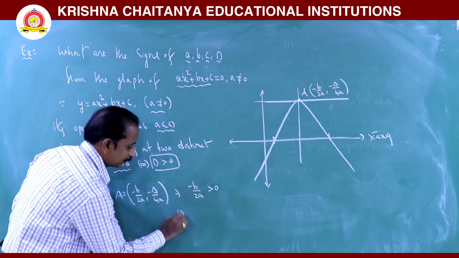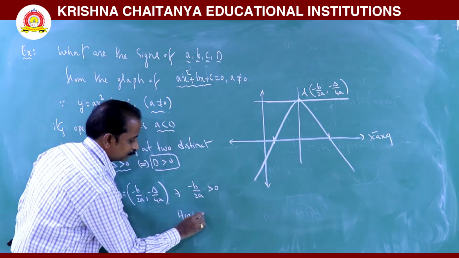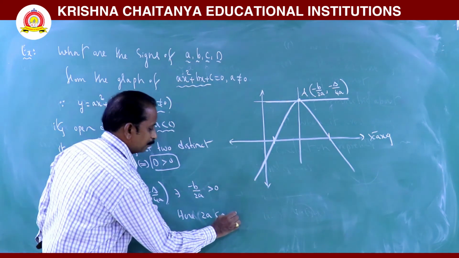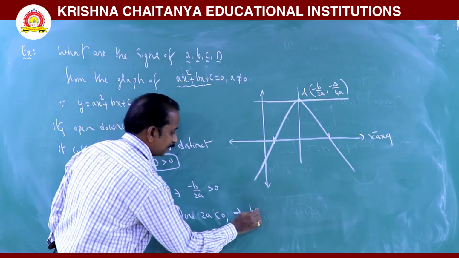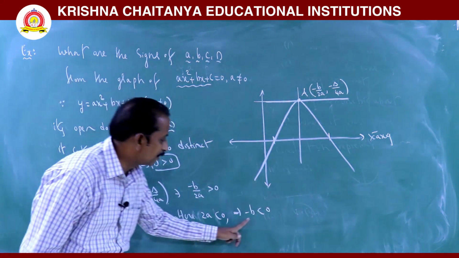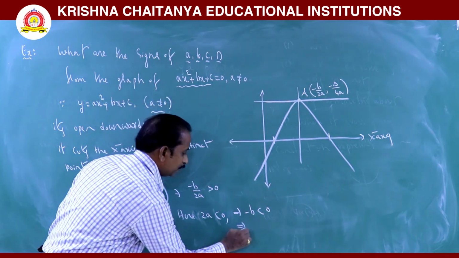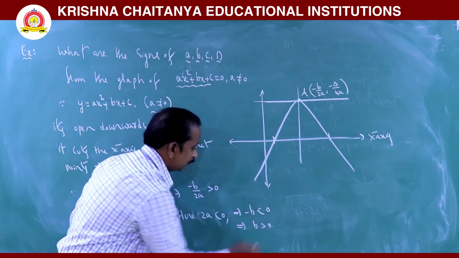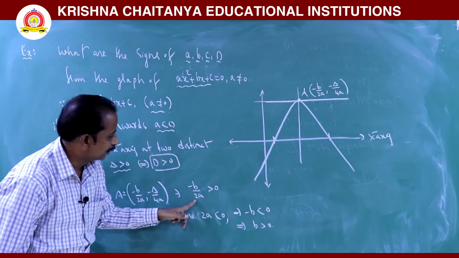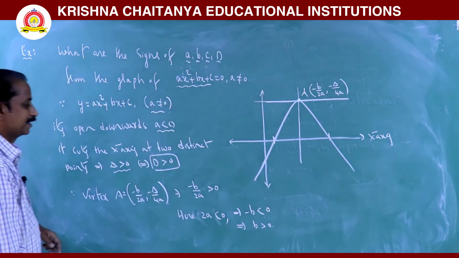That means 2a is negative, less than 0, and therefore minus b must be negative. Minus b negative means b must be positive. Positive into negative is negative, and negative by negative becomes positive. So we know that b is greater than 0.